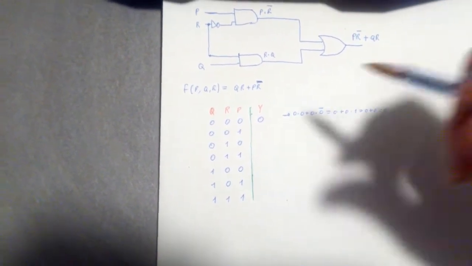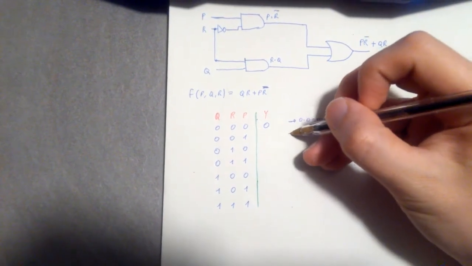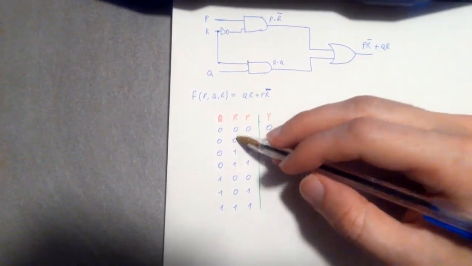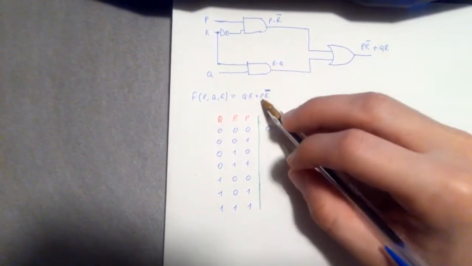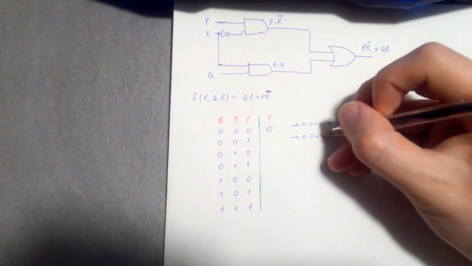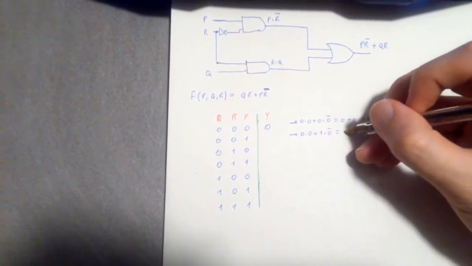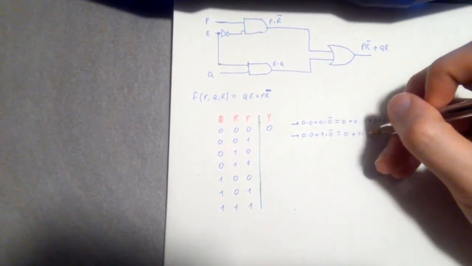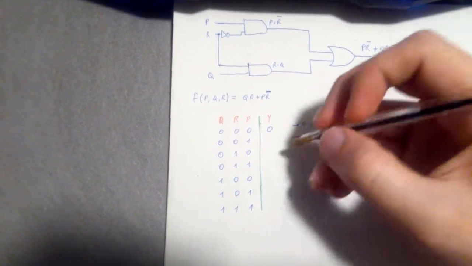Now, if I do this, what we are going to get is 0 times R, which is 0, plus P, which is 1, times R naught, which is 0 naught. So 0 times 0 is 0, plus 1 times 0 naught is 1, so 0 plus 1 is 1, so we get 1.